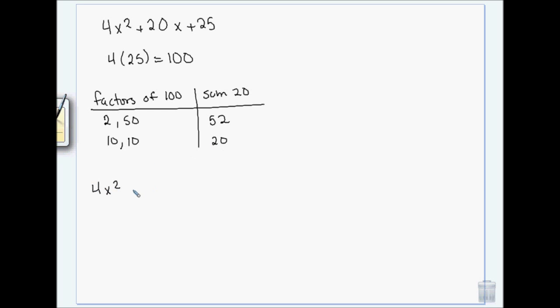So I'm going to take that 4x squared, and I'm going to replace this 20x with 2 10s, because 20x is the same thing as 10x and 10x.